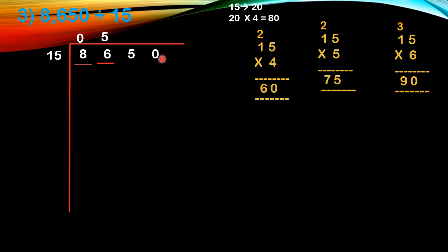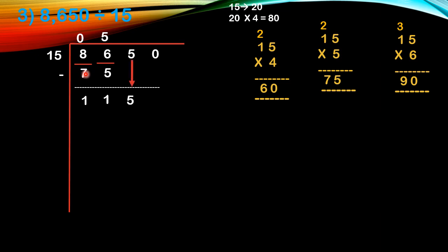So we can stop, and we can write 5 in the quotient, because 75 is the largest number that is nearest to 86. So 75. So now we subtract: 6 minus 5 is 1, then 8 minus 7 is 1.